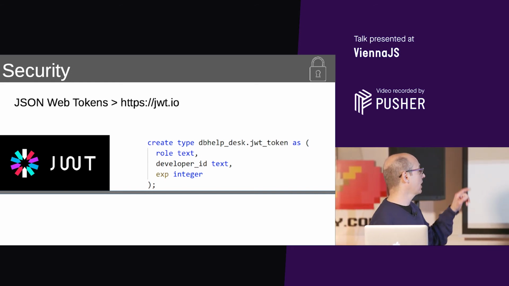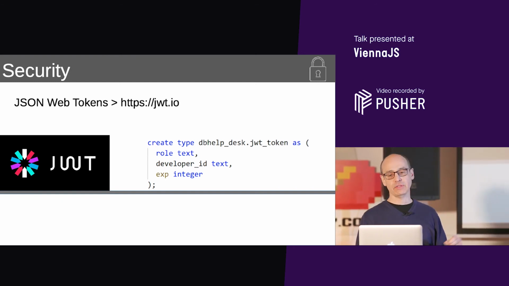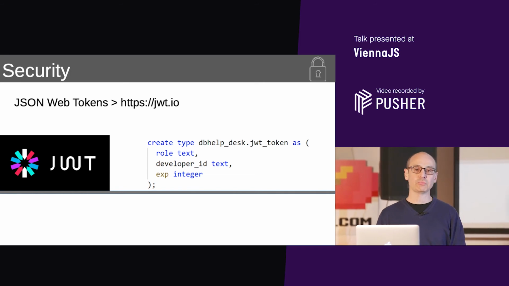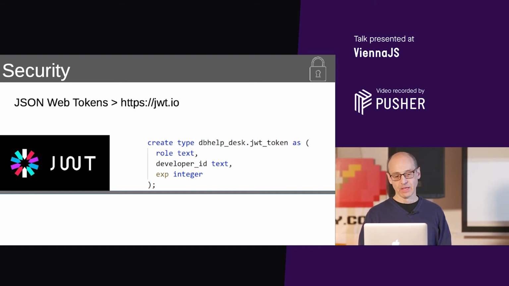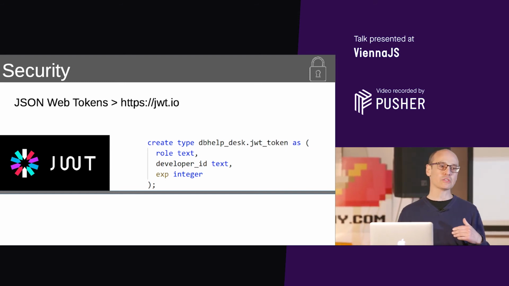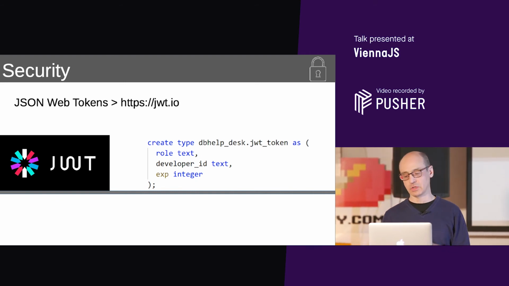In this case, I have the role that I want the user to have, the ID of the developer, and a standard field that is the expiration date of the token. I don't know if you guys have experience with JSON Web Tokens. At the end, I'm going to give some resources where you can learn more about them.